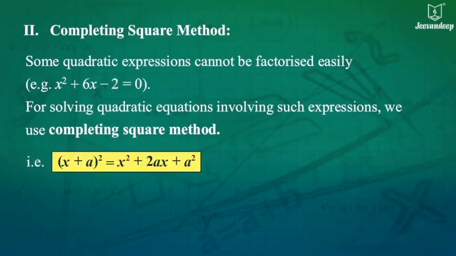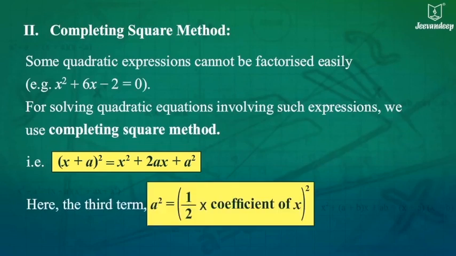That is, x plus a whole square equals to x square plus 2ax plus a square. Here, the third term, a square, equals to half of the coefficient of x whole square.